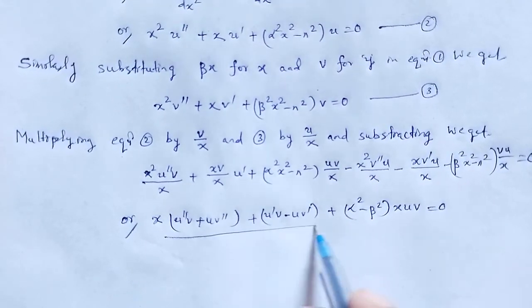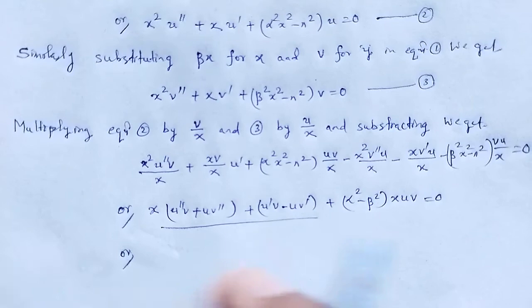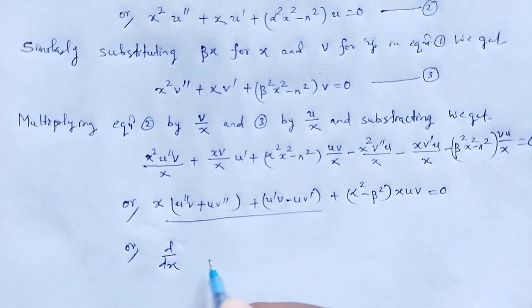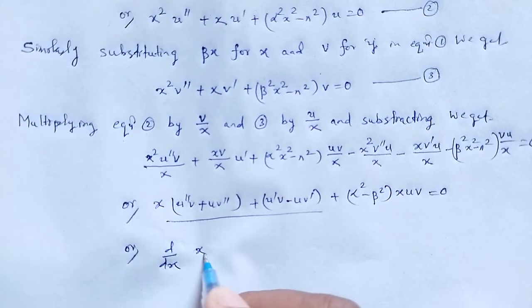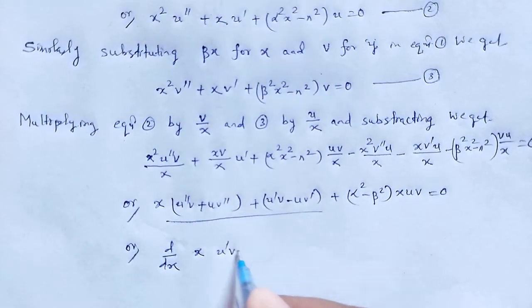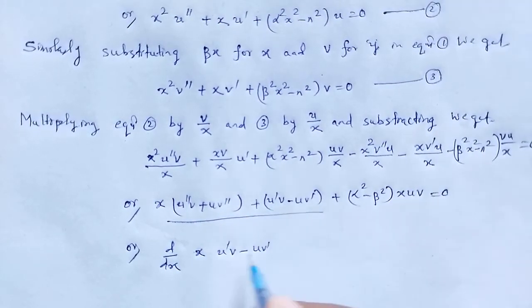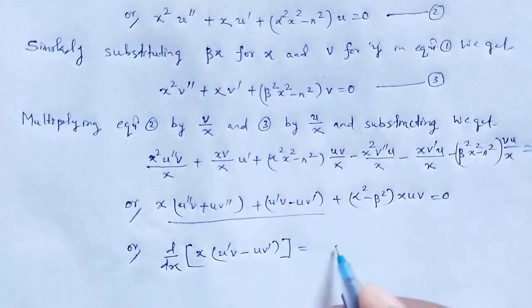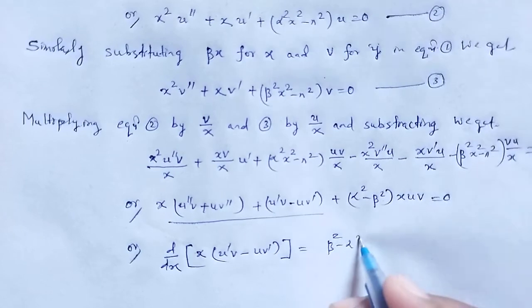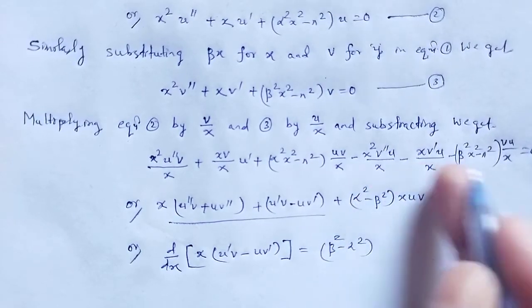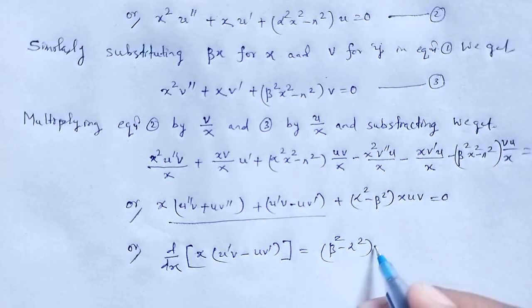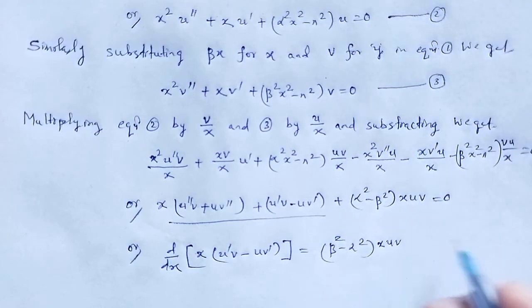These two terms are nothing but the derivative, d by dx of x (u dash v minus u v dash), is equal to (beta square minus alpha square) x u v.